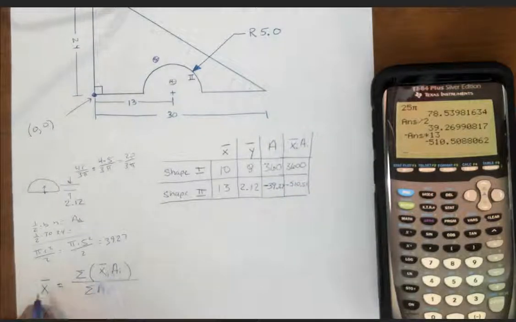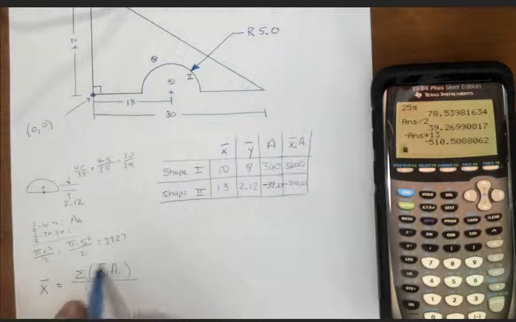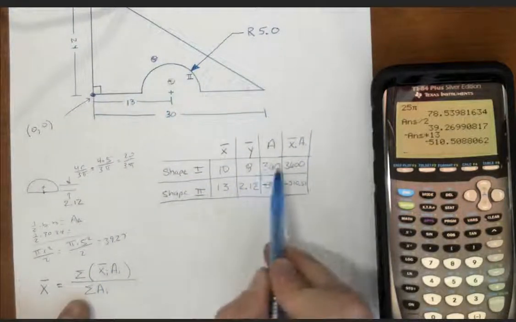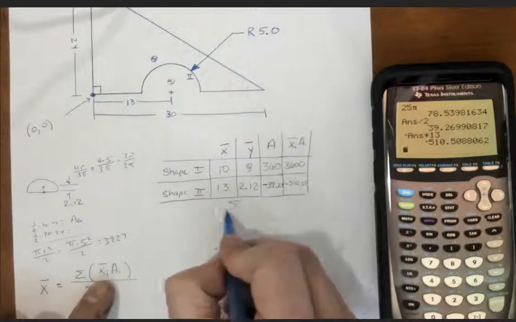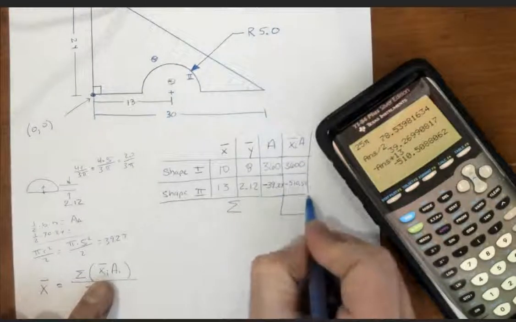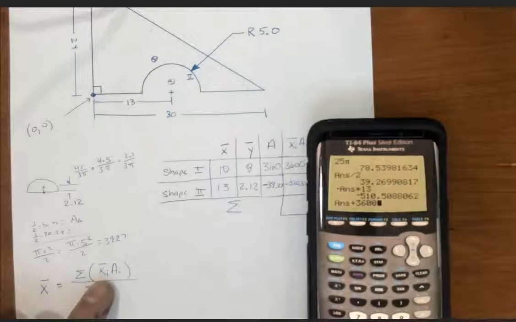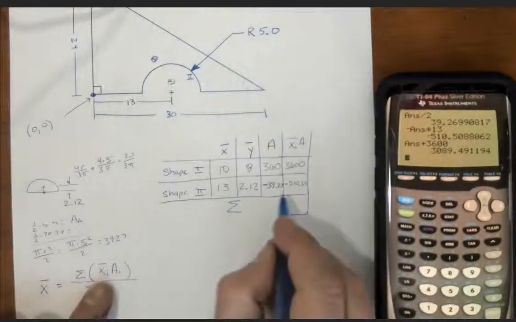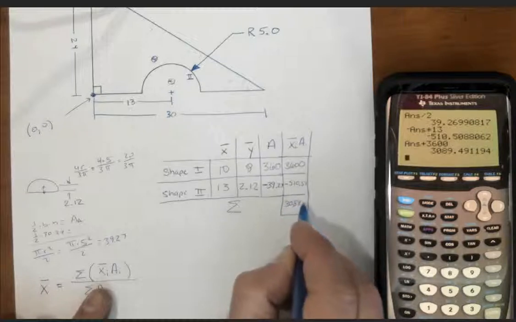Now, to get the x-coordinate of the centroid of the final region, I need the sum of all of these. Well, I only had two shapes, so I only have two instances, and I'm going to find the sum of those. So my negative 510, I need that plus the 3,600, and I get 3,089.49.